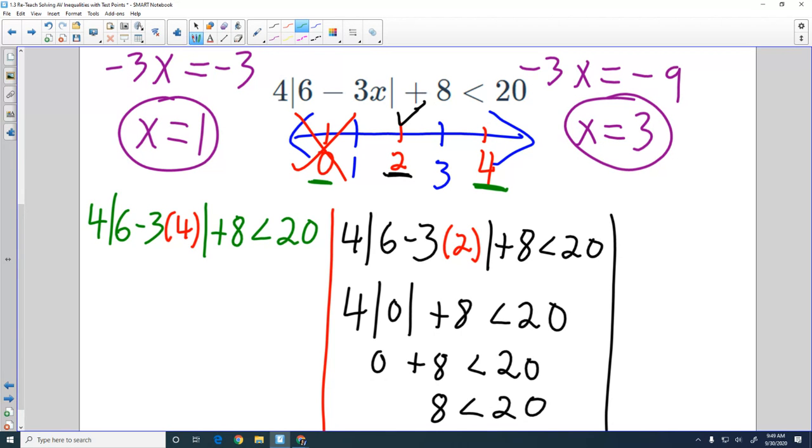All right, so now inside that absolute value, I've got 3 times 4, which is 12. And 6 minus 12 is negative 6 plus 8 less than 20. And now though, because I've got these absolute value bars here, the absolute value of a negative 6 is a positive 6. And 4 times positive 6 is positive 24.